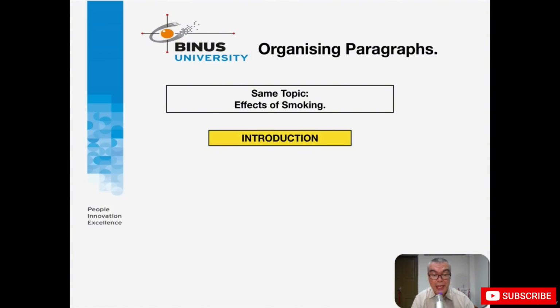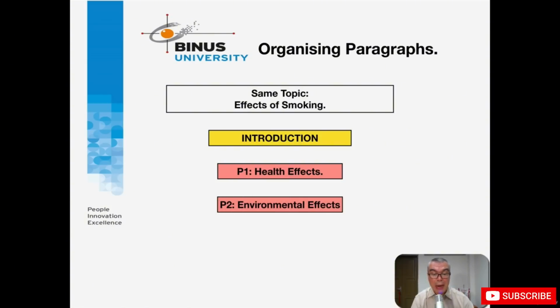Of course, you begin with your introduction, and then after that, paragraph 1 might be about all of the health effects. Paragraph 2 might be about the environmental effects. And then paragraph 3 might be about the social effects of smoking, rather.